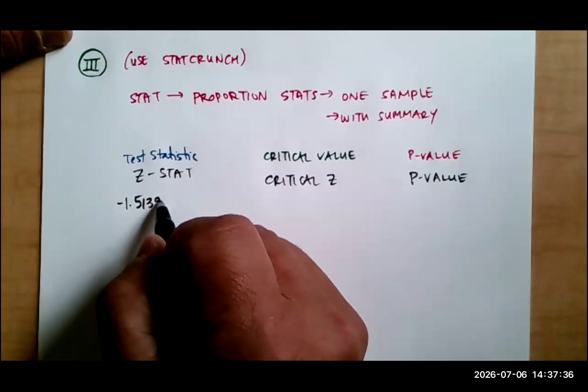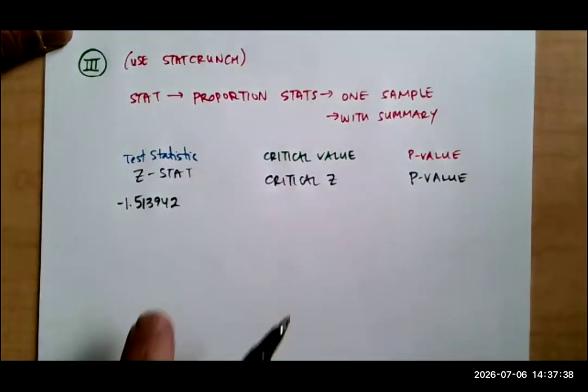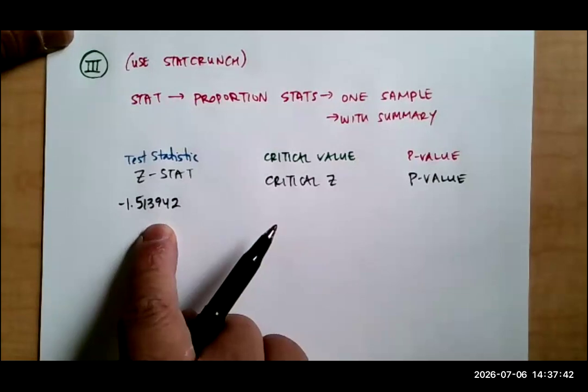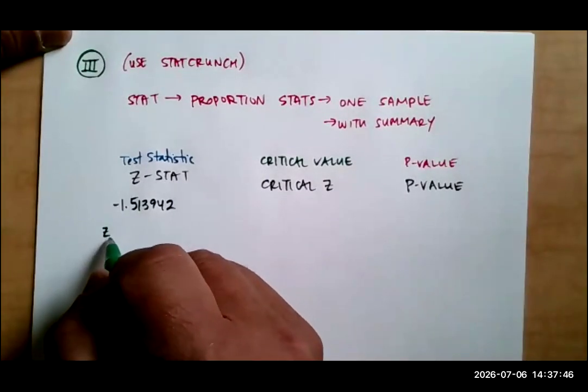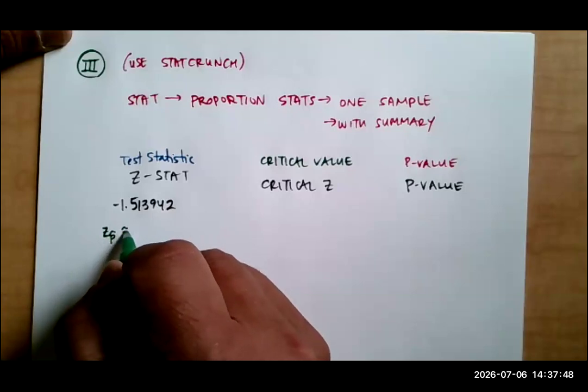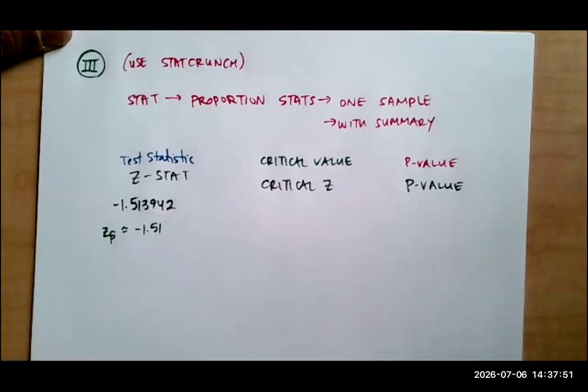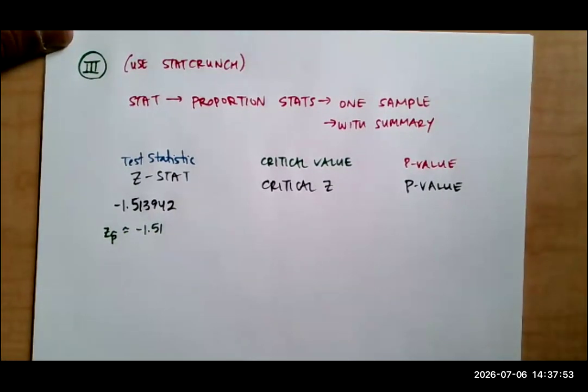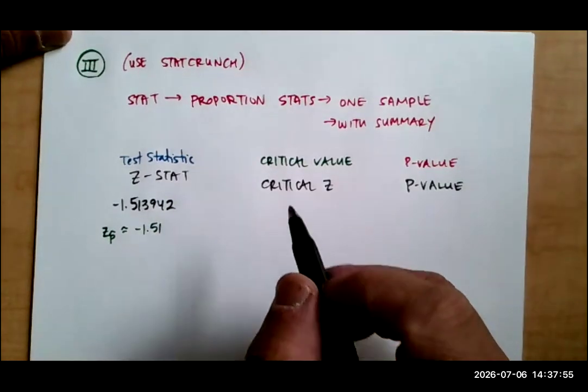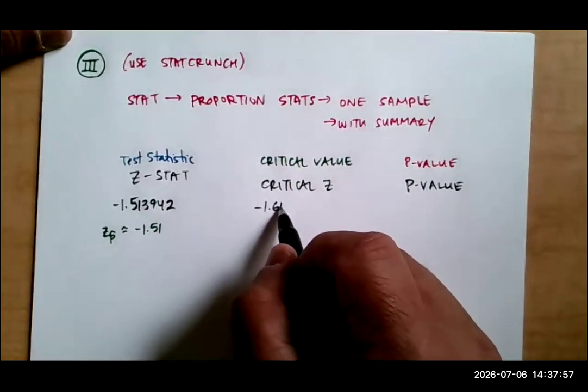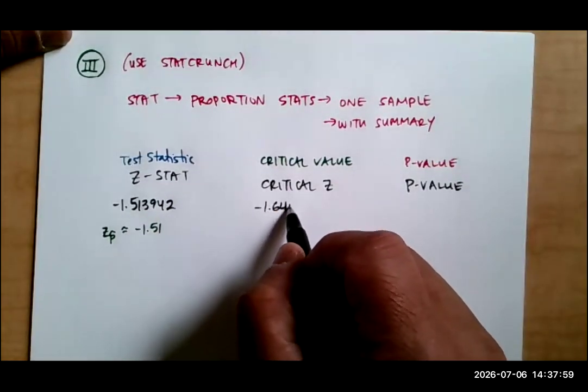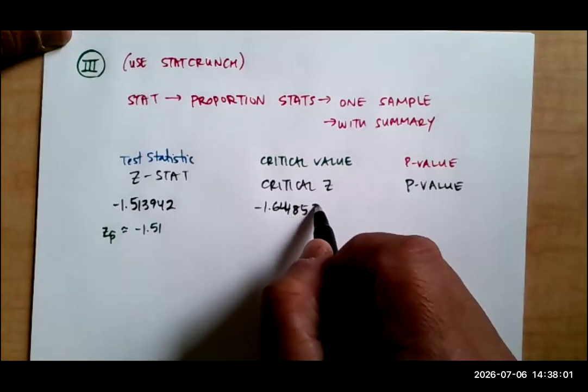And so from our values, we saw that z-stat, negative 1.513942, there's my unrounded value. That same result we saw back in step 2. You can call it z sub p hat if you wish. That was step 2. The critical value, negative 1.6448536.